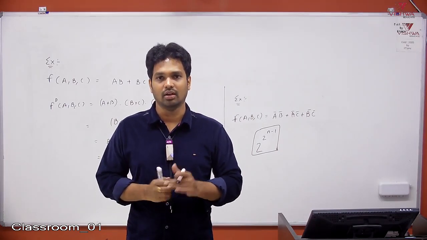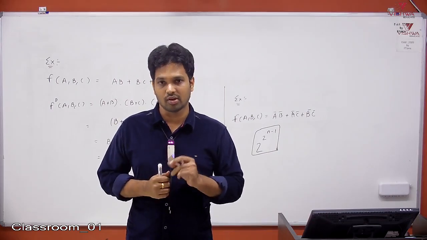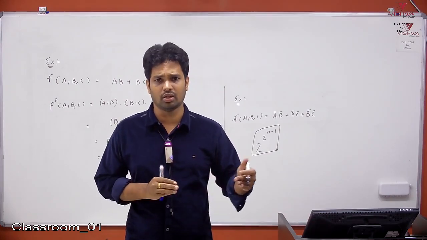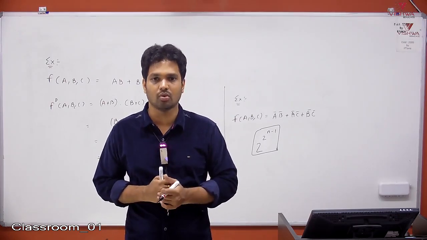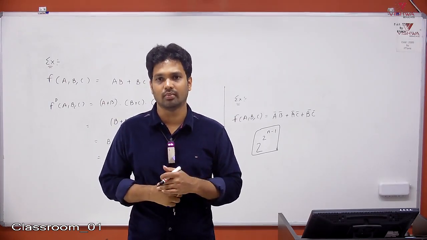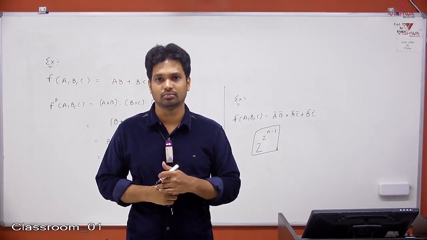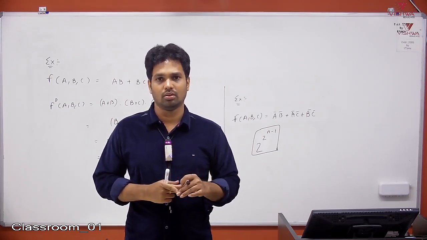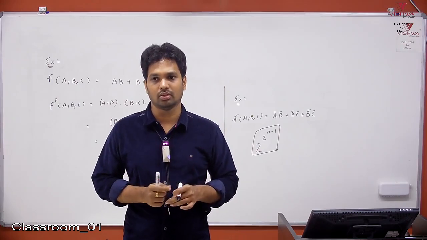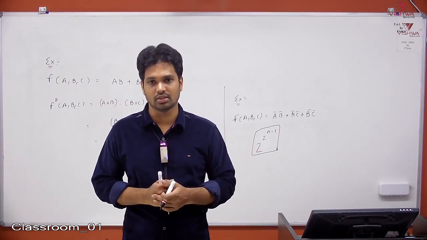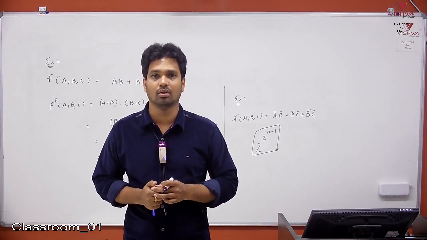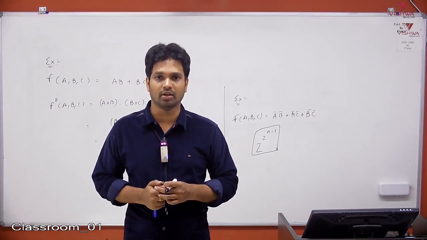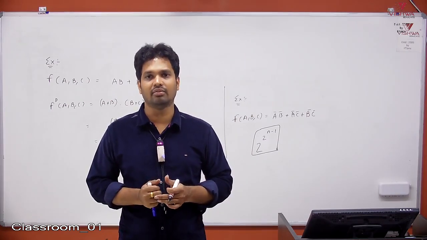Is it clear? So I will give one homework. You can try in the following lectures. Once we discuss SOP PYQs, I will prove it also, but take it as homework. Prove that the number of self-dual expressions is 2 power n minus 1 with n variables.